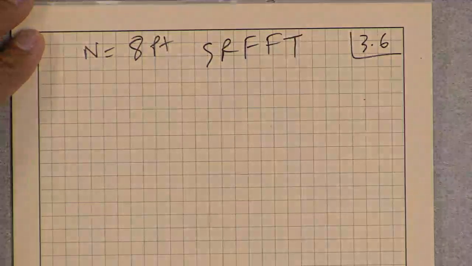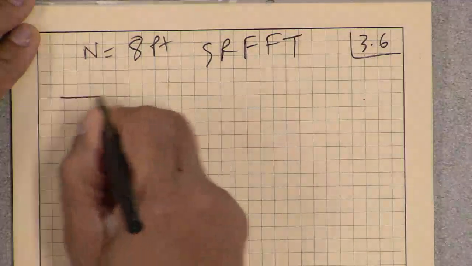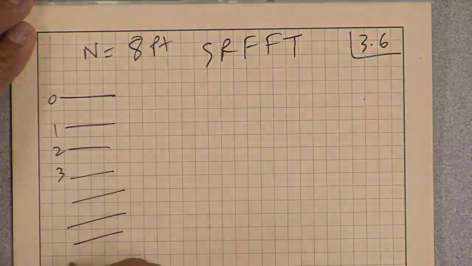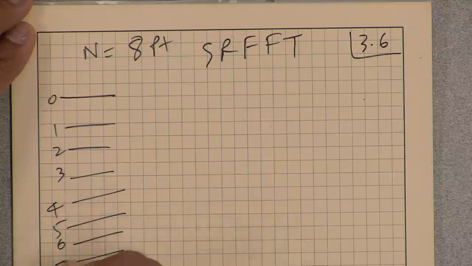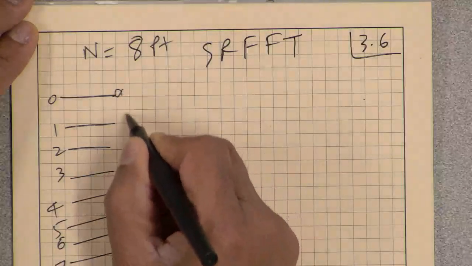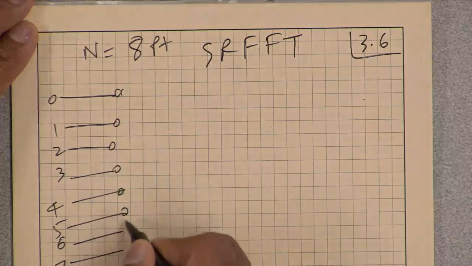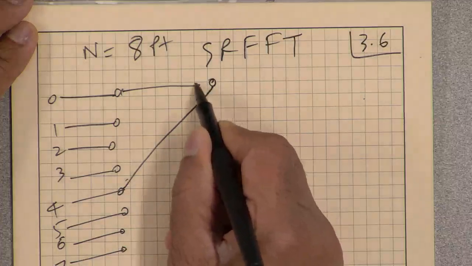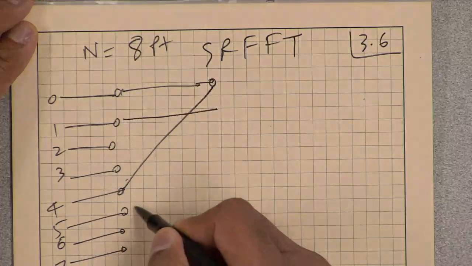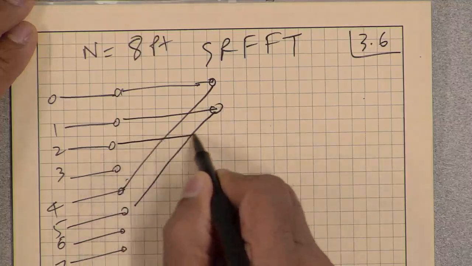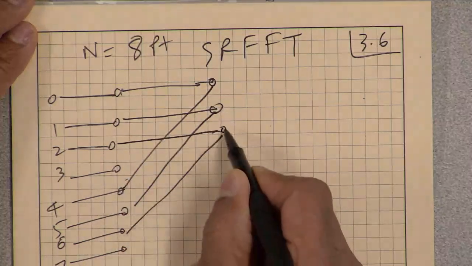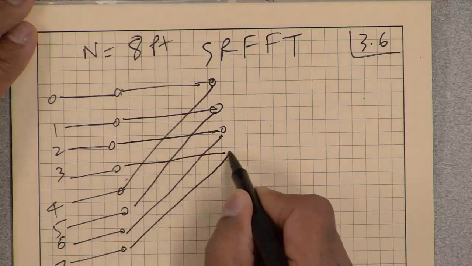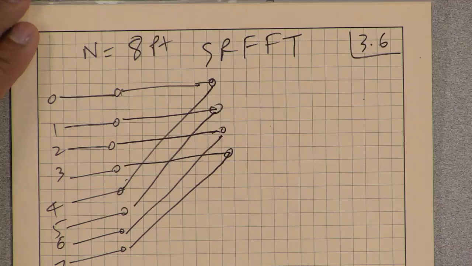For the 8-point split radix FFT, the even part is the same as before, n plus n by 2, n by 2 is 4, so 0 plus 4, 1 plus 5, 2 plus 6, 3 plus 7.